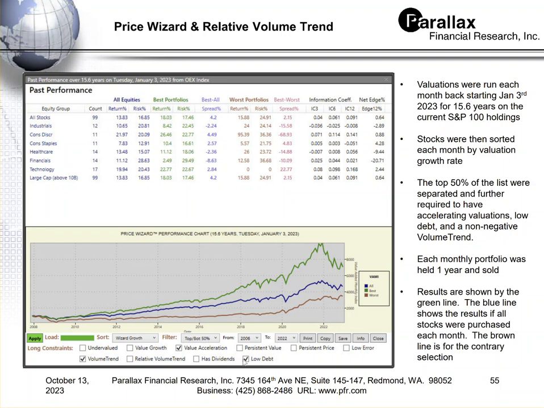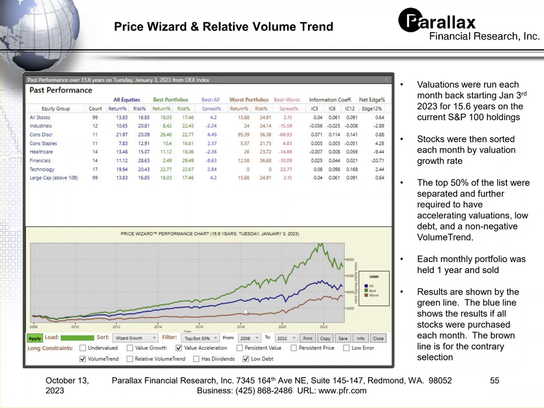And by the way, we also want the set that we buy to not be downtrending in volume trend, to have low debt, and we want the value to be accelerating, to be moving up at the end of our period of valuation, if we look over a period of time.